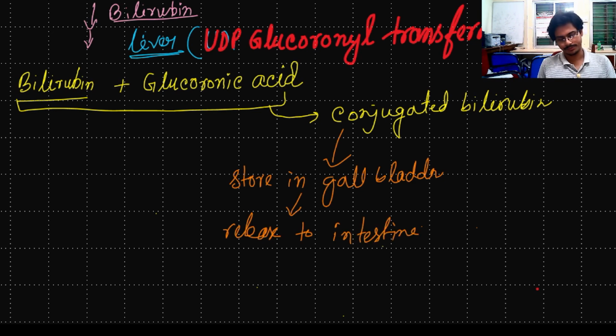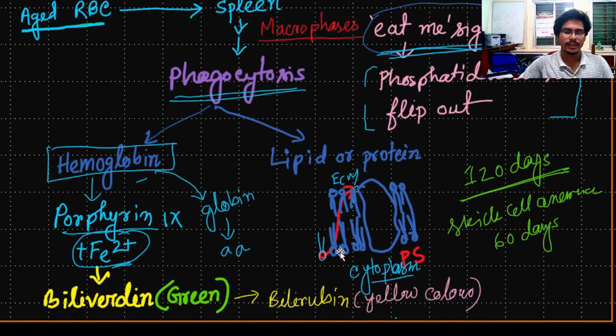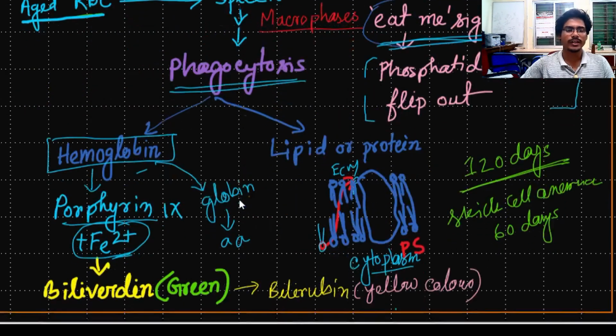In summary, the RBC breaks down and is converted into hemoglobin and globin, and the protein part can directly go to the amino acid pool.